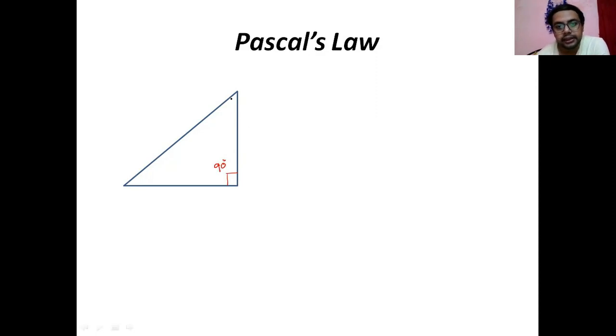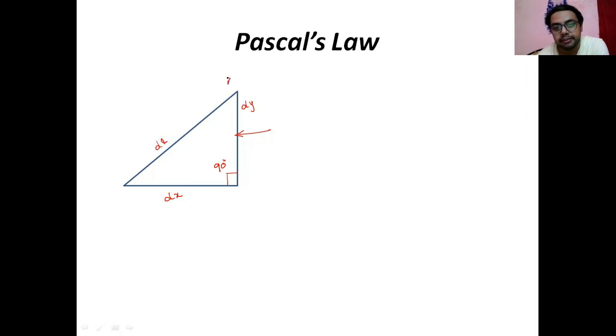So here on this surface, some pressure is acting. Let the length of this element be dy.